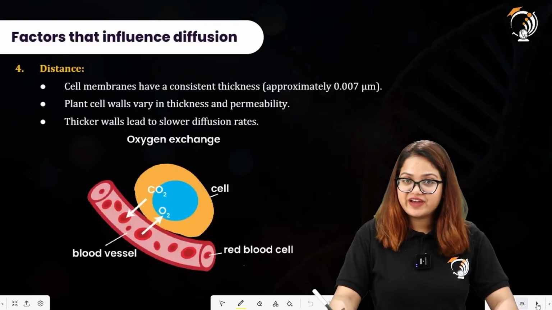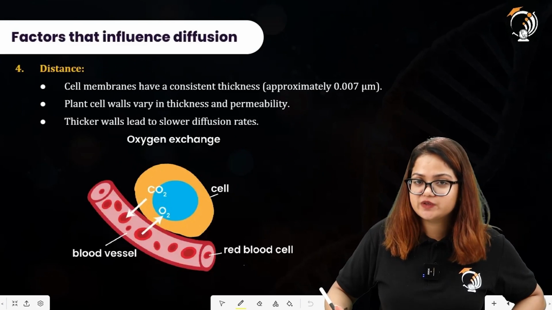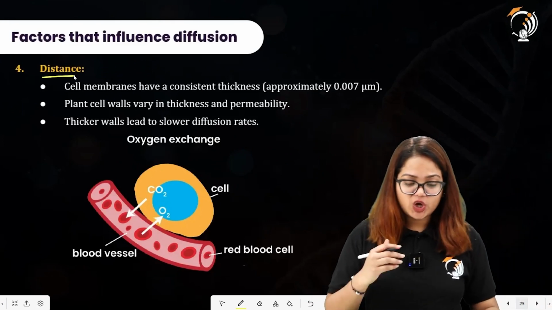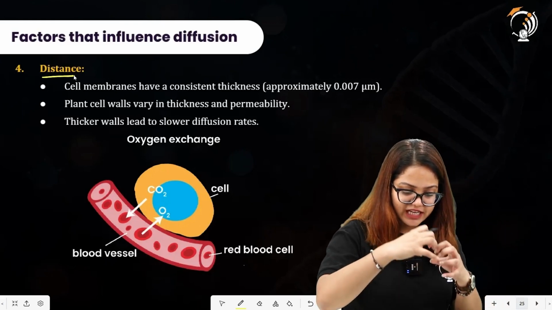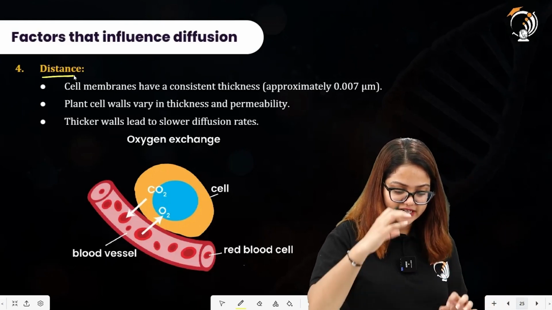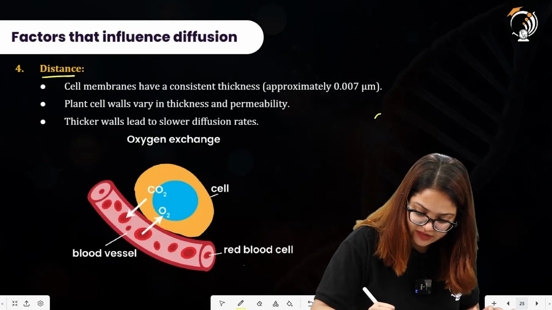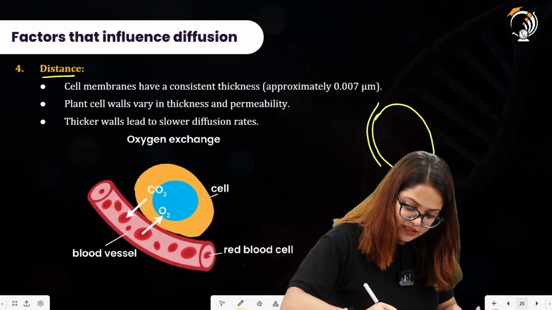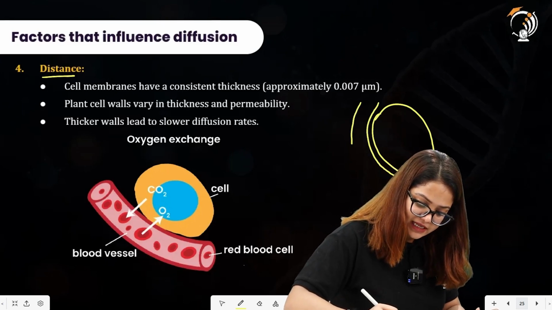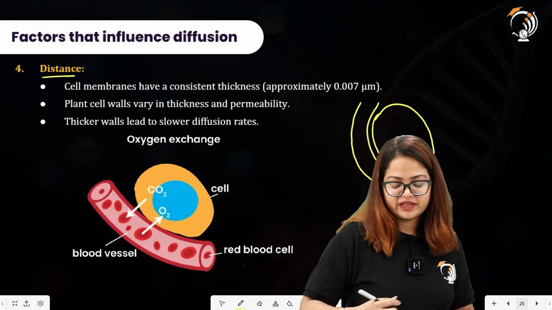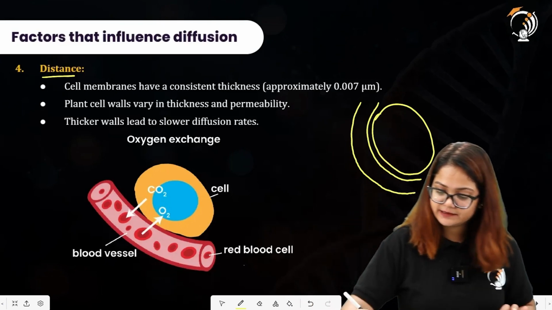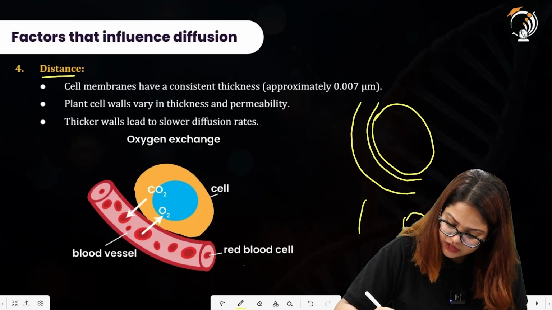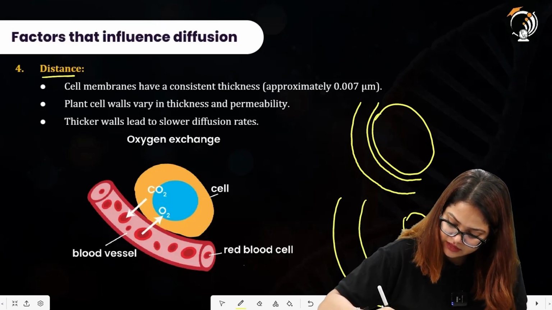Moving toward the last factor that influences the rate of diffusion, or the diffusion speed, is the distance here. Now if we place these two structures, let us assume that here we have the cell and here we have the capillaries having very little distance between them, and here we have the cell and the capillary is placed much farther from it.